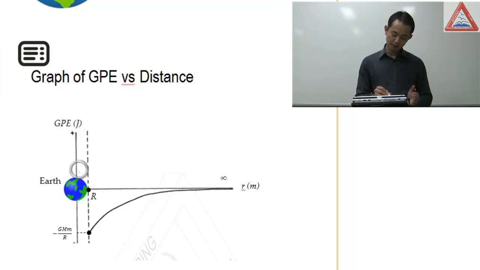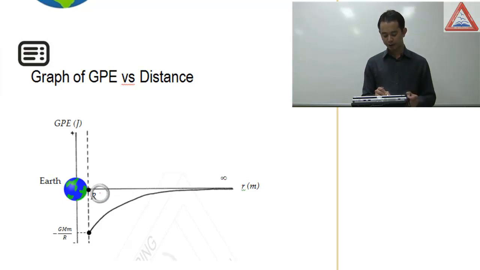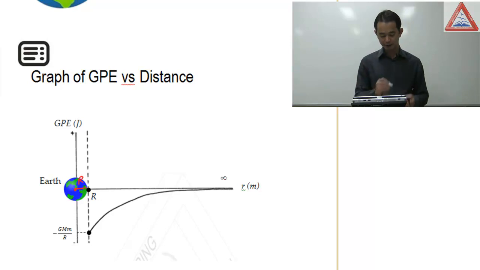The positive y-axis shall represent positive GPE, the negative y-axis shall represent negative GPE, and the x-axis shall be used to represent the distance of an object away from the surface for now. Now, you see here on the graph, big R here is the value of the distance from the center to the surface, which is the radius of the Earth.